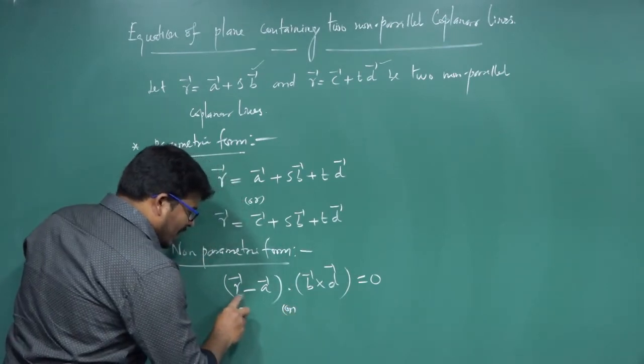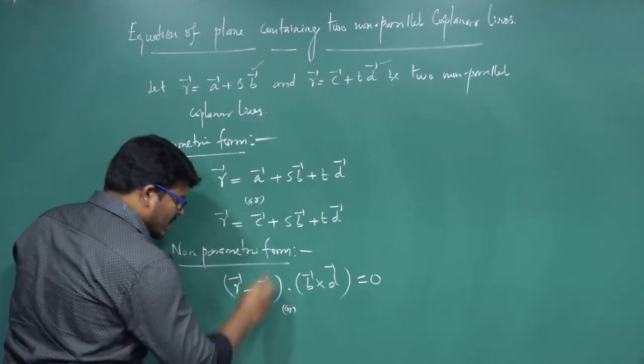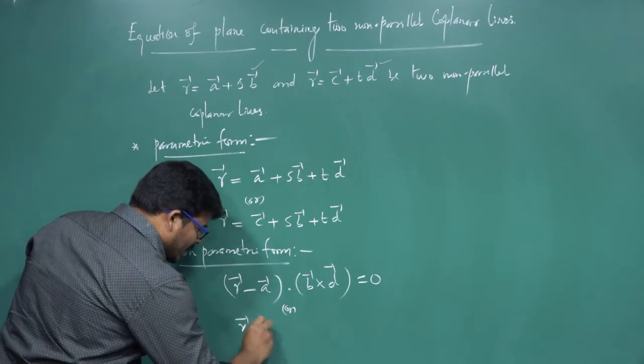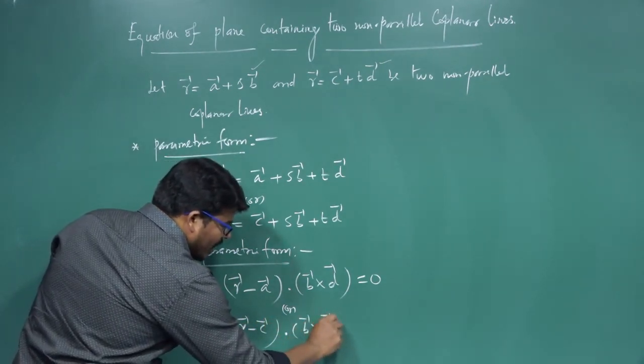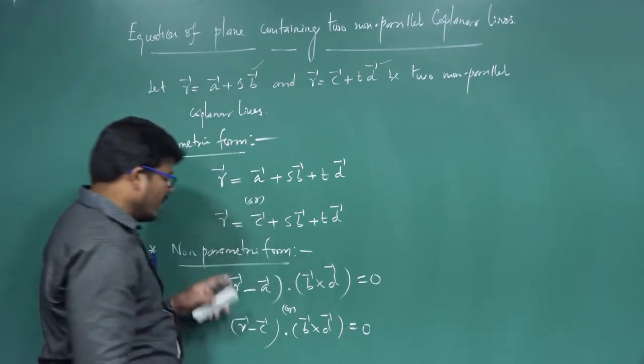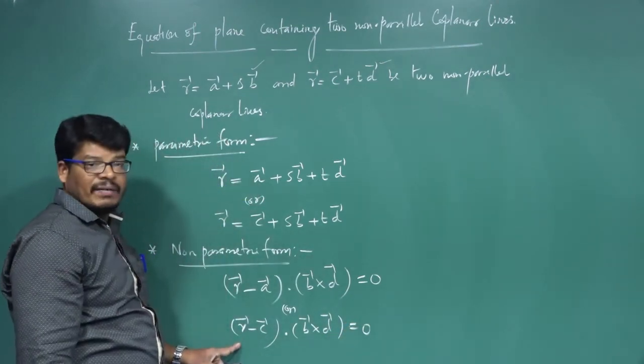Or taking the point c instead, the non-parametric form is r vector minus c vector dot b vector cross d vector equal to 0, the non-parametric form of the vector equation.